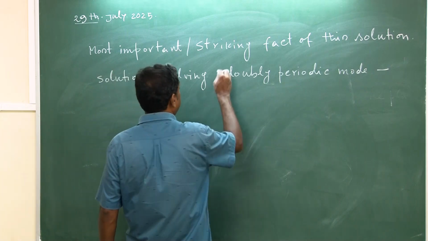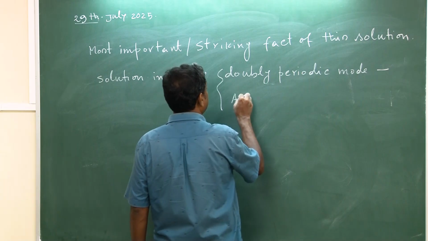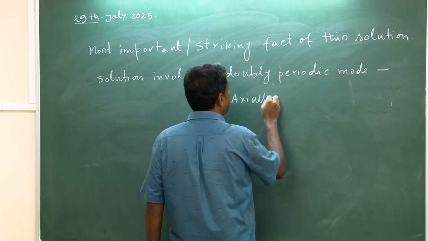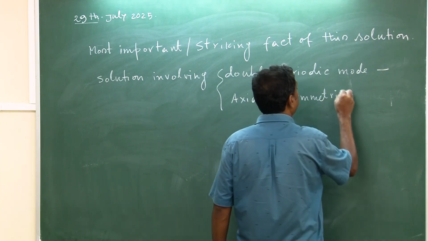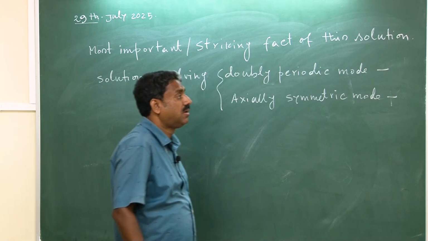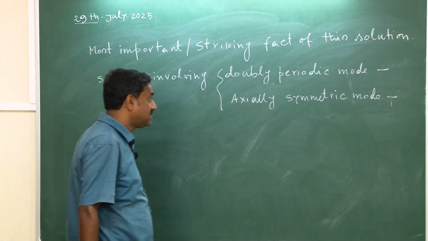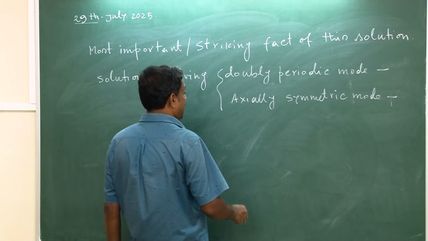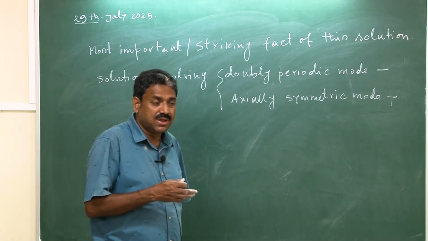So, if we consider doubly periodic mode and axially symmetric mode, the first one is the axially symmetric mode, right? You know which one is the axially symmetric mode, because one half wavelength spans the entire circumference. So, you see these are the two modes, the initial modes, if you consider the fundamental mode.